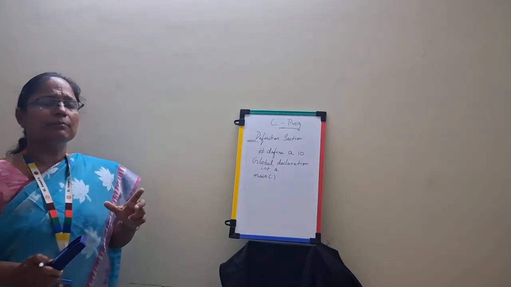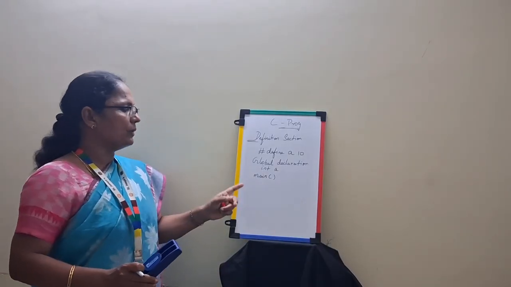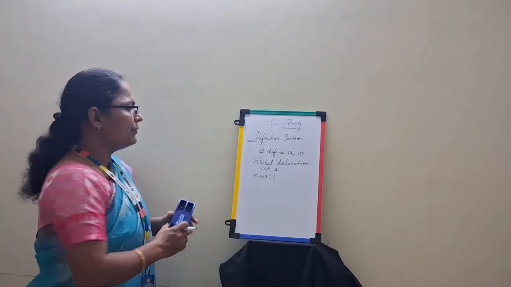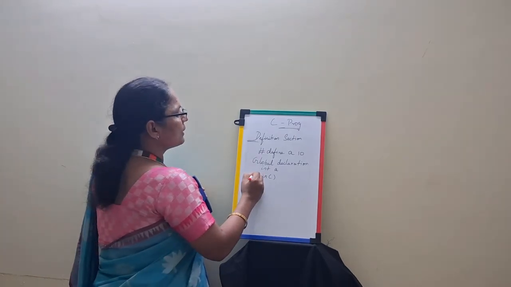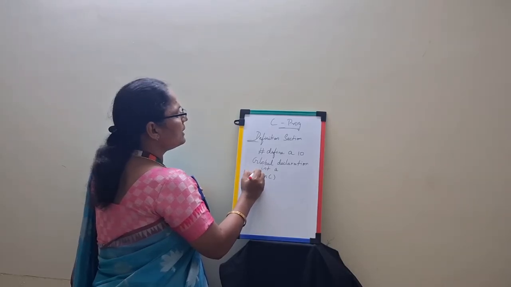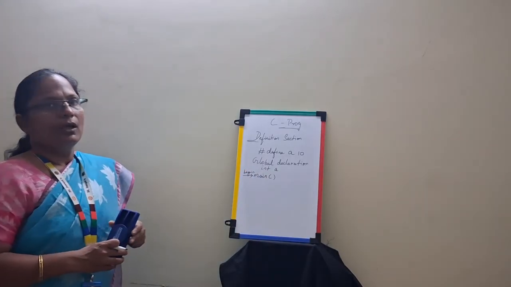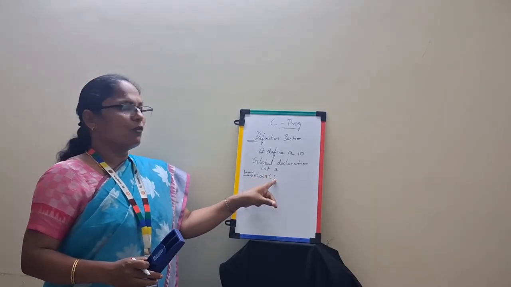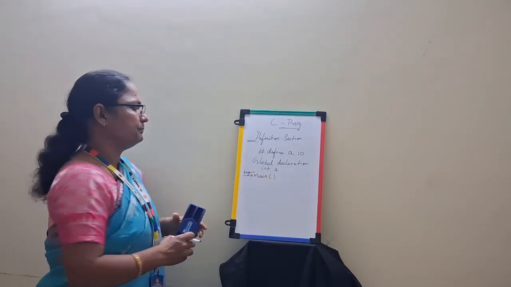Then comes our main program. Any C program starts with main. The main function is where compilation begins. The program begins only here. Your compiler starts compiling from the main.